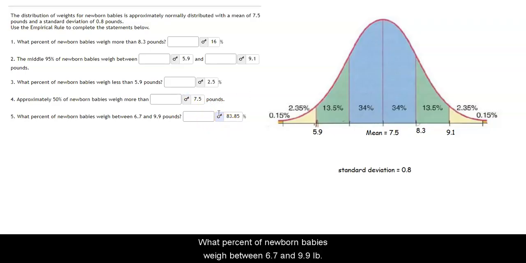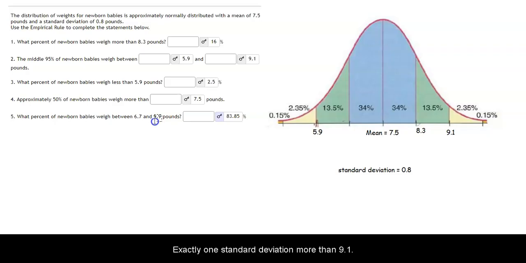What percent of newborn babies weigh between 6.7 and 9.9 pounds? You might recognize that 9.9 is exactly 1 standard deviation more than 9.1, and 6.7 is exactly 1 standard deviation more than 5.9.